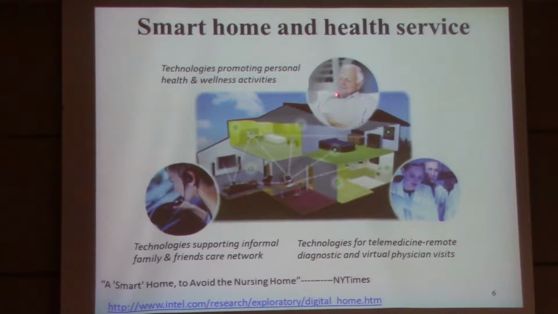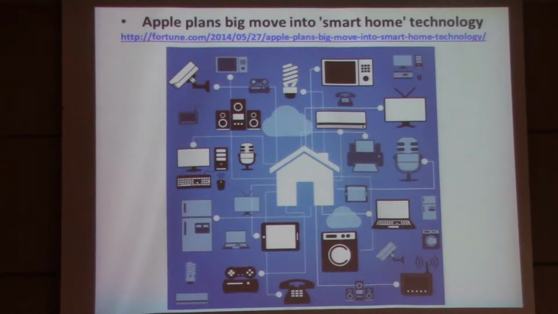Targeting seniors, so they can have a comfortable life in their own homes at the same time, in an affordable way, right? You don't have to hire expensive people to take care of them.